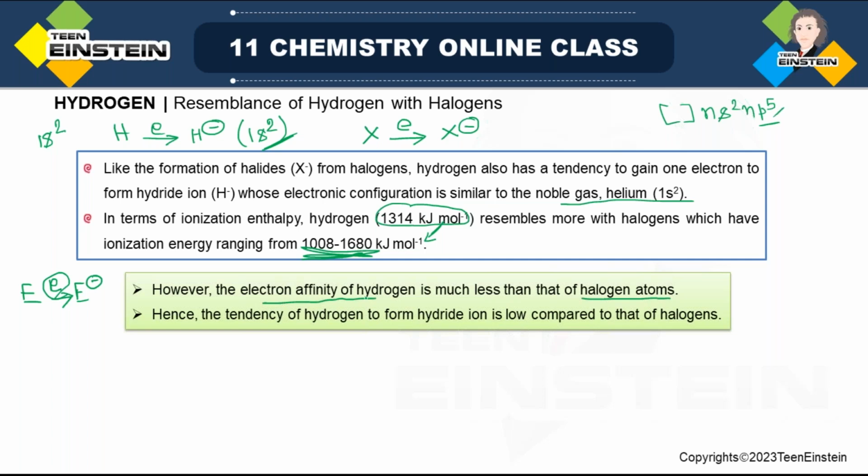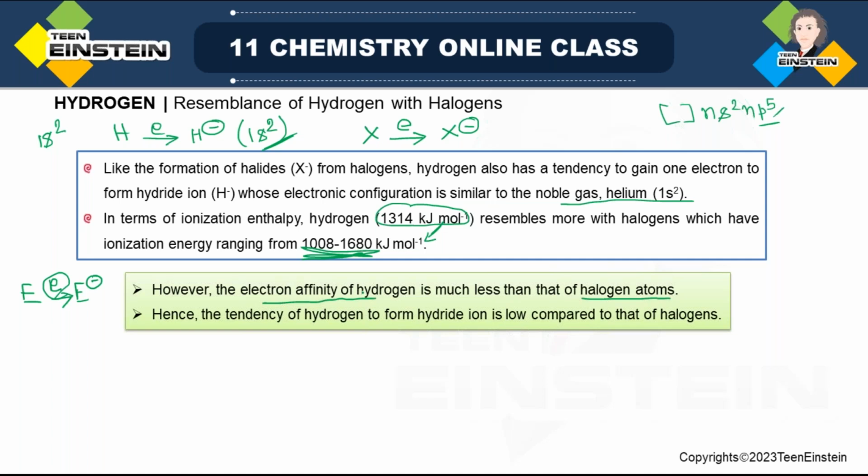So the electron affinity of hydrogen is much less than that of halogens. When I say less, I am talking only about the numerical value, not the sign. Electron affinity is the tendency to accept one more electron. If you compare that tendency with halogens, obviously in the case of halogens it is very high.